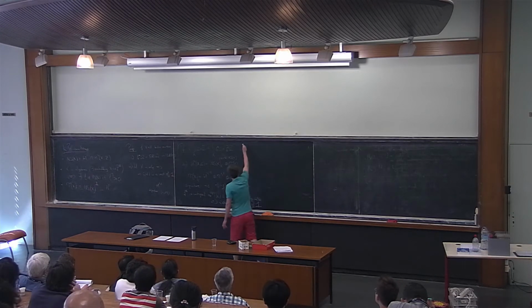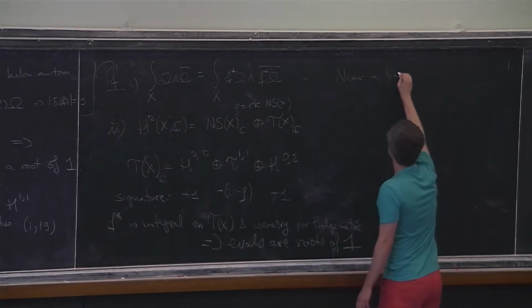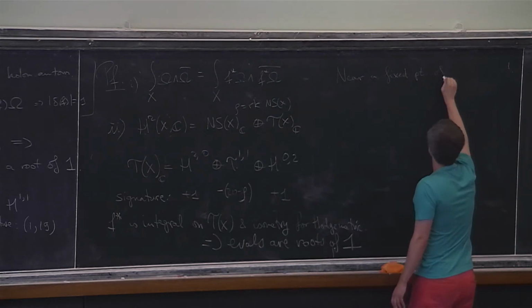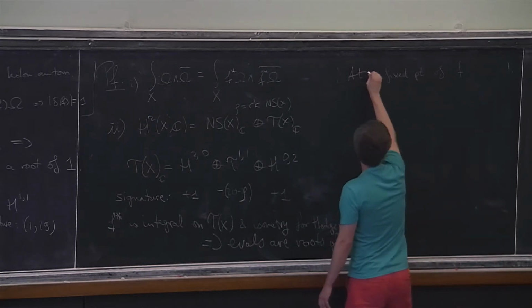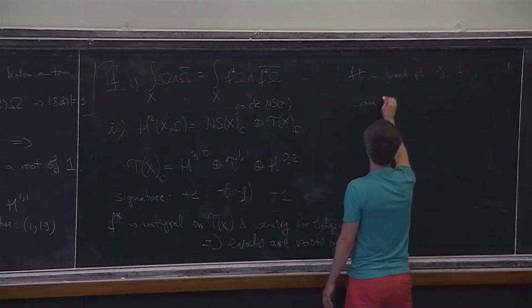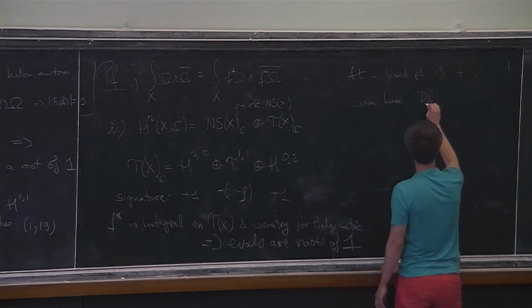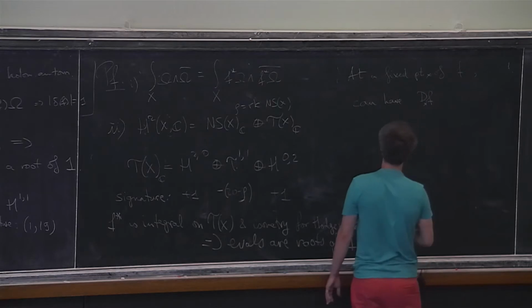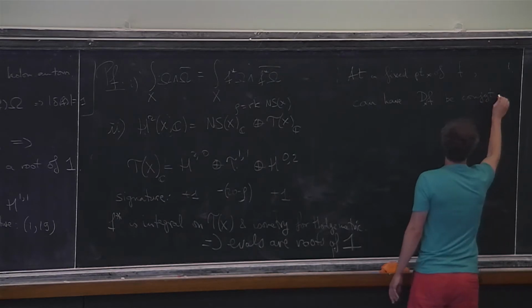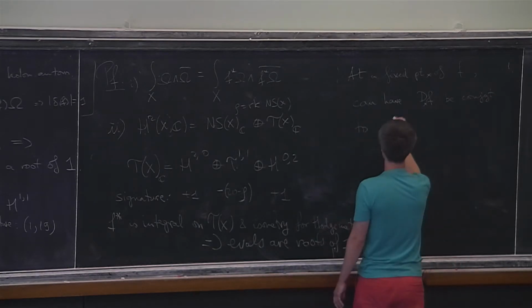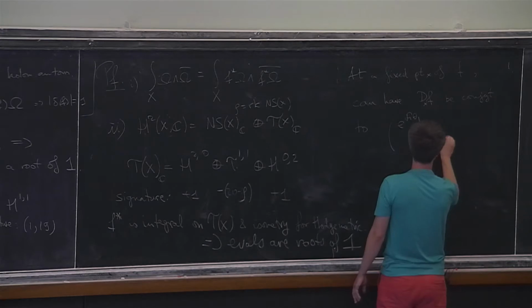So at a fixed point x of f, we can have the derivative df at x be conjugated to something like e to the i theta 1 and e to the i theta 2.